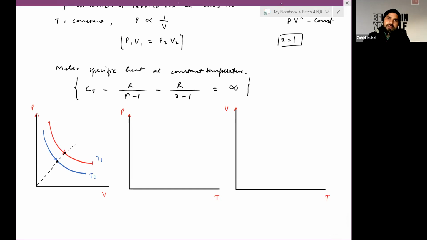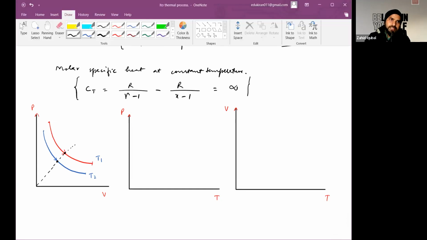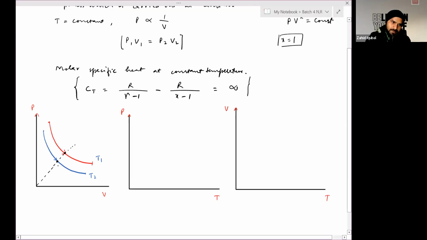If you plot vertical and horizontal lines related to those different curves, at this point it will be this and this, and at this point it will be this and this. Let's say this is T1 and this is T2 for simplicity. So it will be V1 and P1, and V2 and P2.